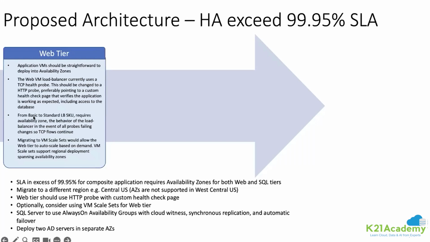So here, migrating to a VM scale set would allow the web tier to auto scale based on demand. VM scale sets support regional deployment spanning availability zones as well. So if you remember, we discussed this option that in case of planning or defining some high-level solution around that, then in that scenario you will be able to go ahead with this activity the way it is expected.